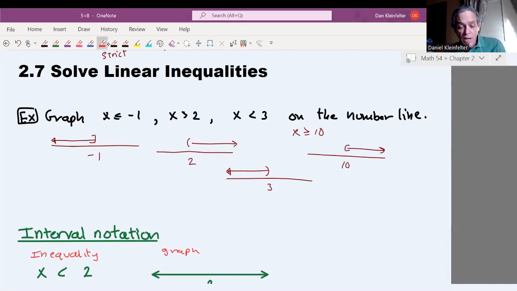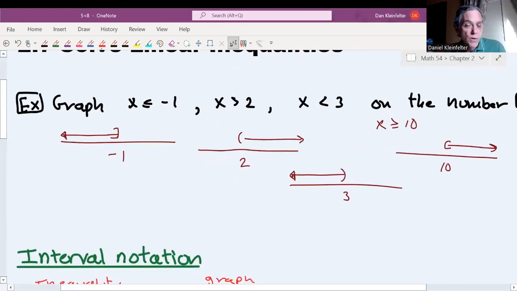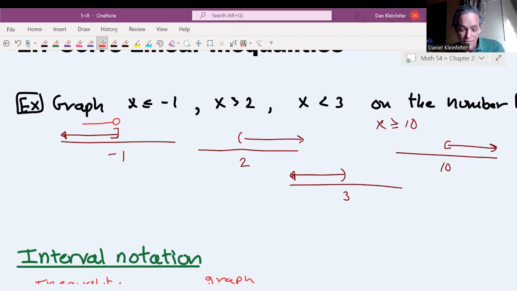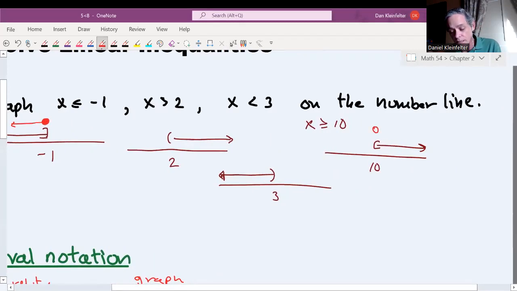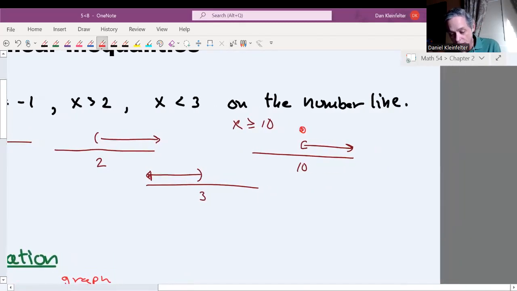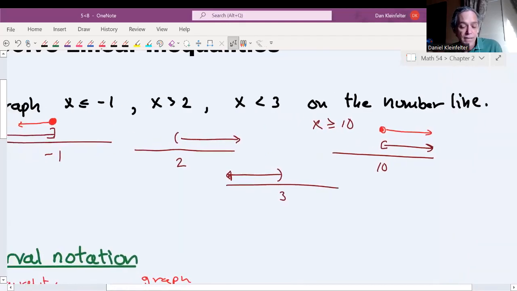By the way, depending on where you went to school and when and what book you were using, you may have used graphs that looked a little different than this. If you learned this like I did, then you would have used a solid circle for the cases where the end was included instead of a square bracket, and where the endpoints were not included, an empty circle was used.